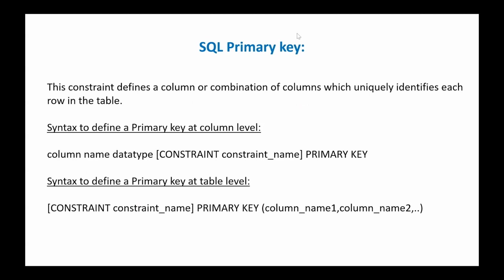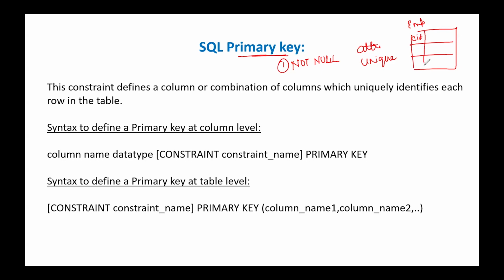We know that a primary key is nothing but a unique attribute. Okay, it is an attribute which uniquely identifies each tuple. Which means whenever we apply a primary key, there should be two conditions. One is that the value cannot be null. That is, whatever tuple I am inserting, for example, if it is an employee table and I'm taking employee ID as a primary key, I cannot have any tuple, any row, with a null value over here.